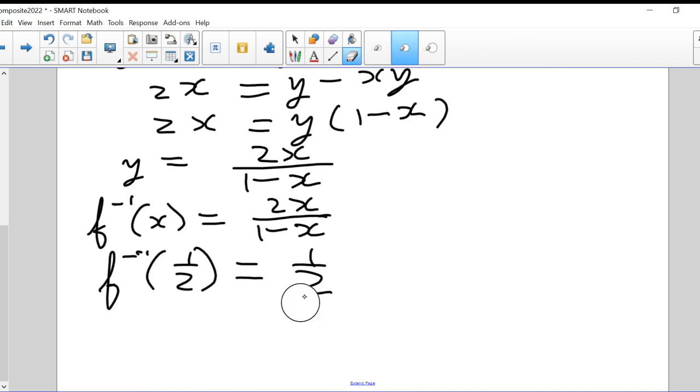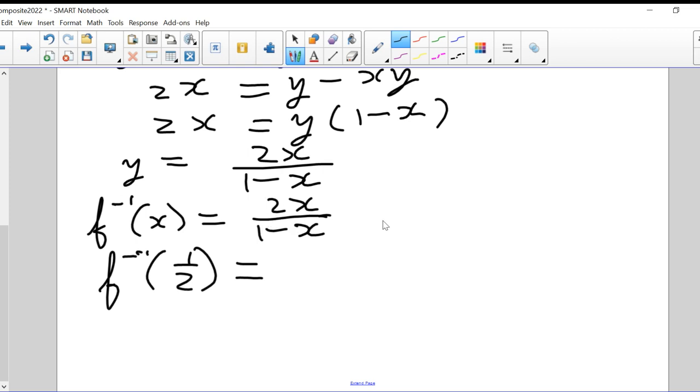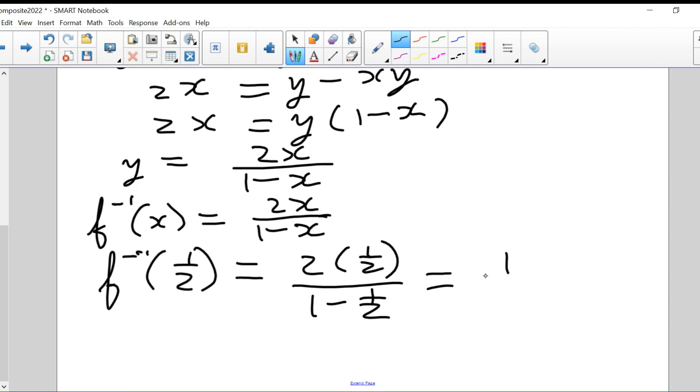So I'm going to erase this and see what we actually get. I'm using Riddy's numbers now. F inverse of a half, using this, remember, this is my inverse function right here, should be equal to 2 times a half over 1 minus a half. 2 times a half should give me 1, over 1 minus a half, which should give me a half.